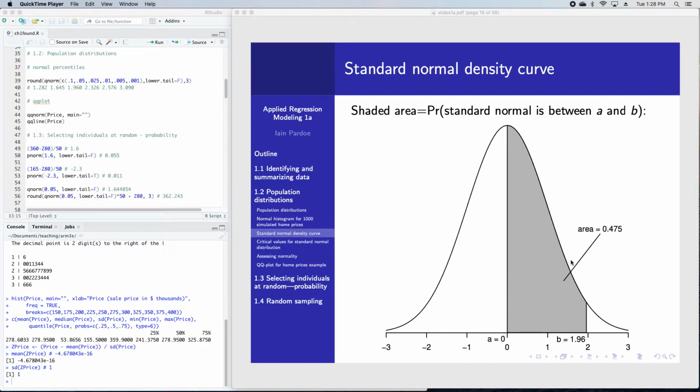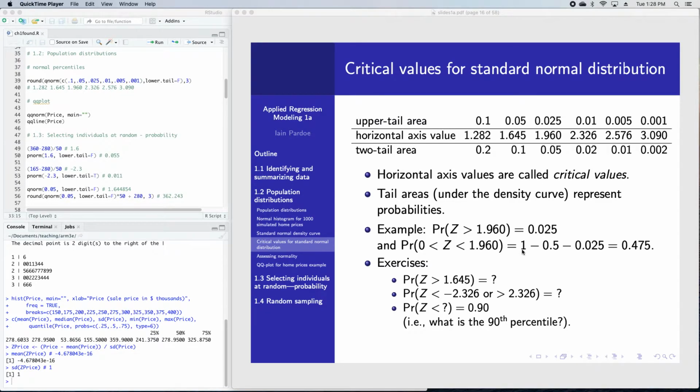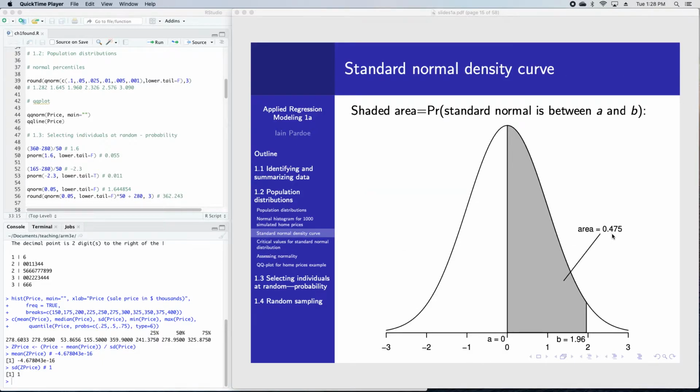Then this shaded area is going to be 1 minus 0.5 minus 0.025. And that comes to 0.475. So that's this result here, 0.475.